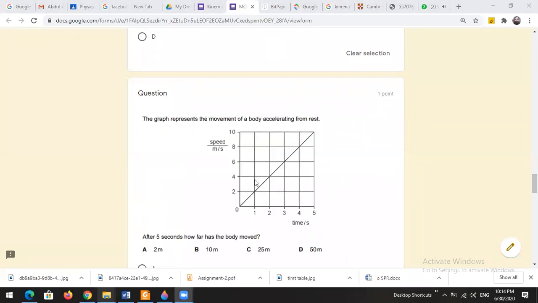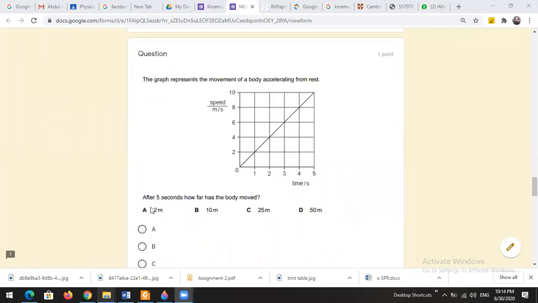Okay, next question. The graphs represent the movement of a body accelerating from rest. After 5 seconds, how far has the body moved? So again, we have to find the distance. Distance is equal to the area under the speed time graph. The area under the graph is a triangle.